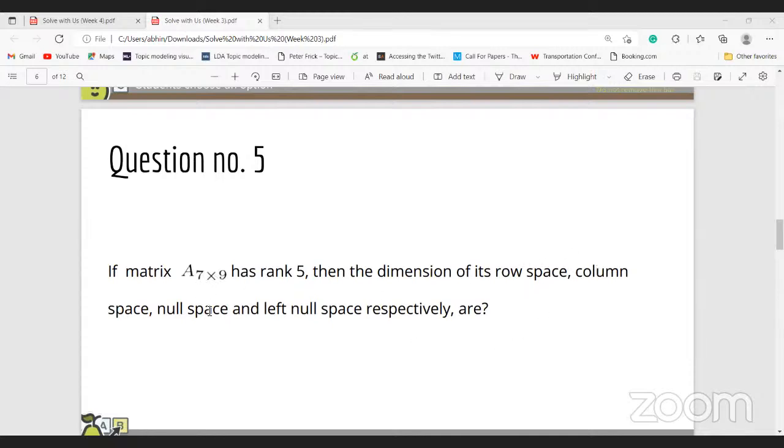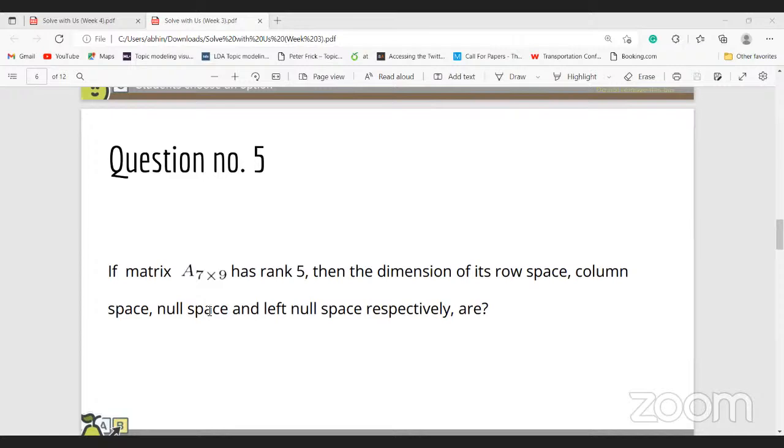That's for sure. Then dimension of null space. How will you find dimension of null space? From the rank nullity theorem: rank plus nullity equals number of columns. Rank here is 5, columns here is 9, and nullity you have to find out. So nullity will be 9 minus 5, which is equal to 4. Then what about left null space?